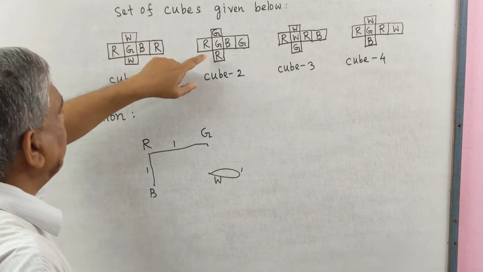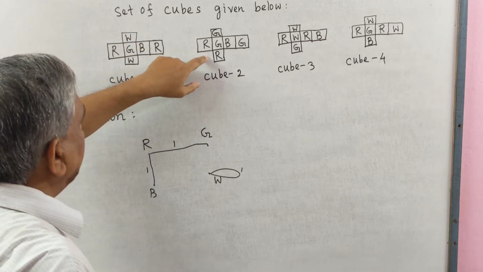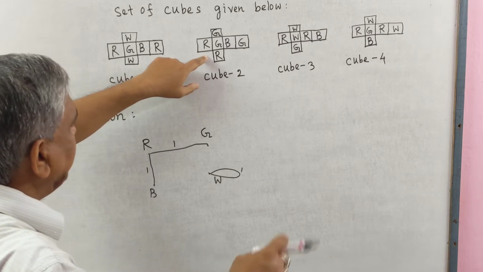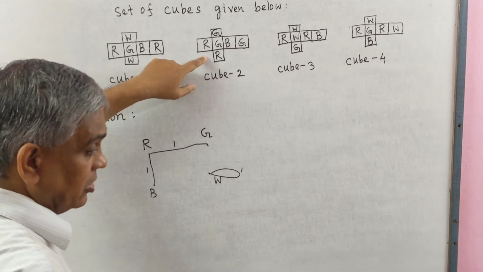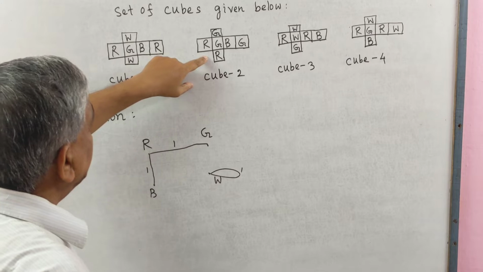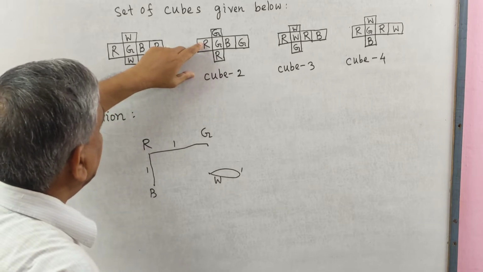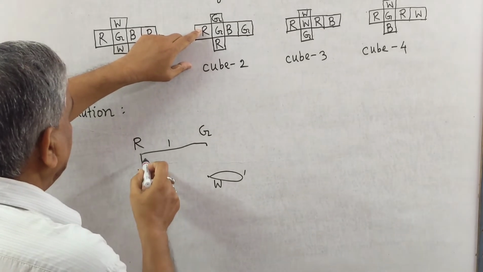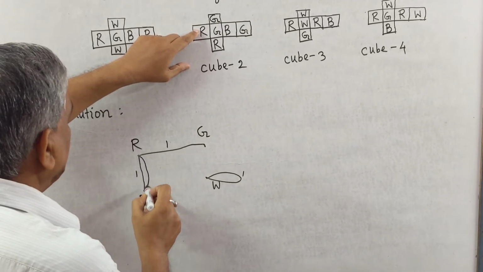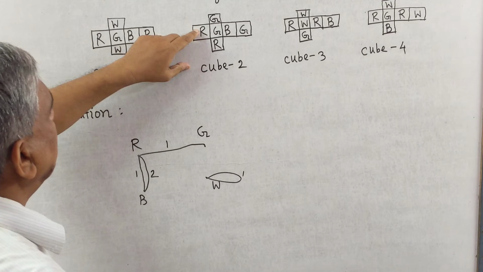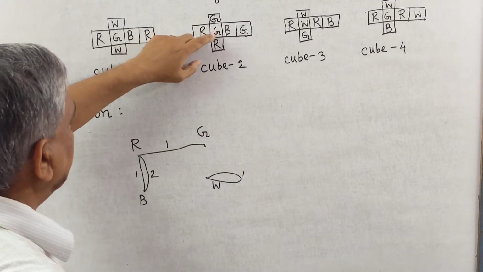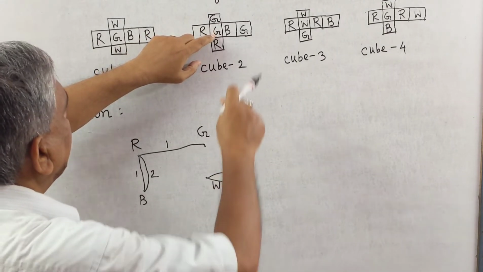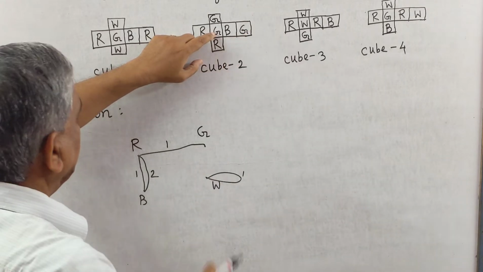Now we join the faces by edge, opposite faces by edge for the second cube. This left R and right is B. So we join R and B. For the second cube we write 2. Front, this is front and this is G is back.